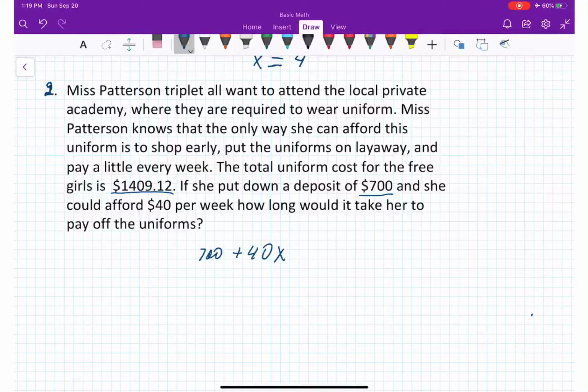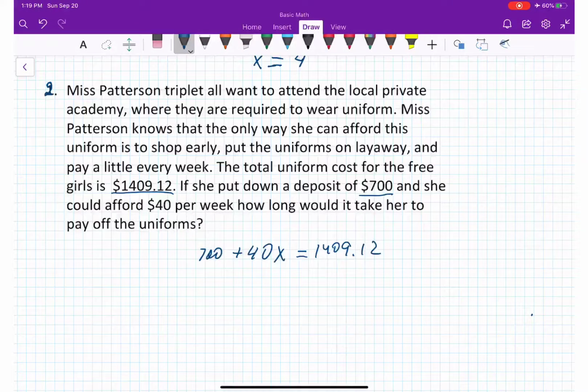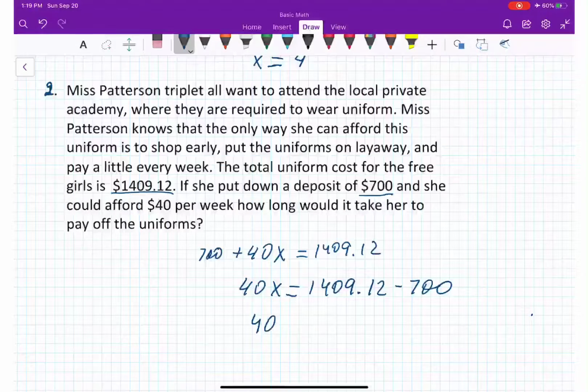So how many weeks, how long will it take to pay off? So 40X is equal to 1,409.12. Okay, let's solve it. 40X is equal to 1,409.12 minus 700. That is going to be 40X is equal to 709.12.